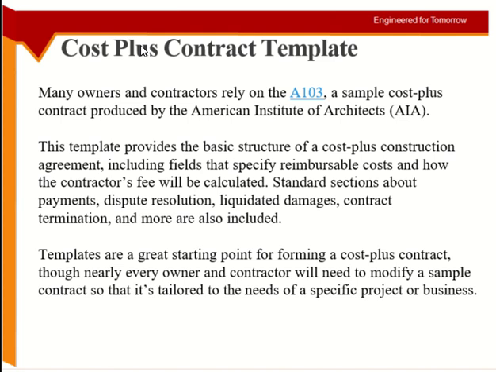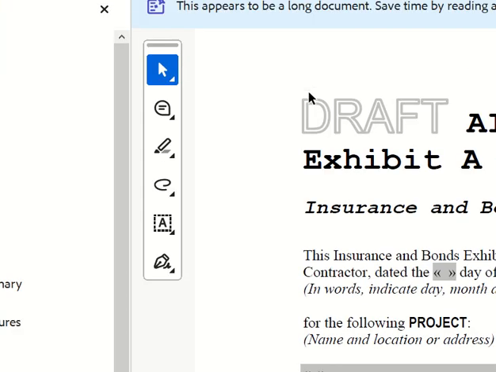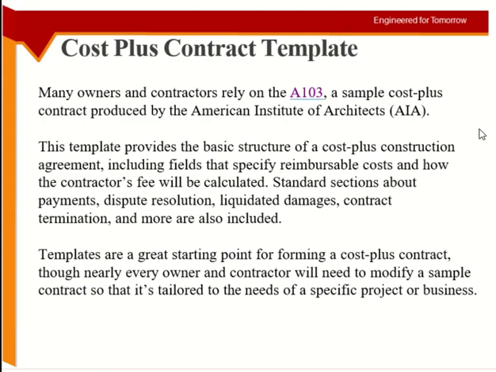So there is a template which is given. This template is given by the American Institute of Architects. Okay, and it provides a basic structure of the terms on which they need to agree.